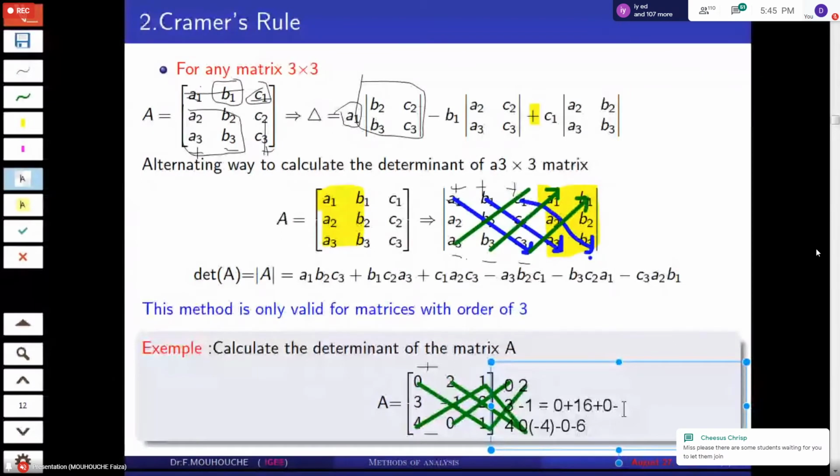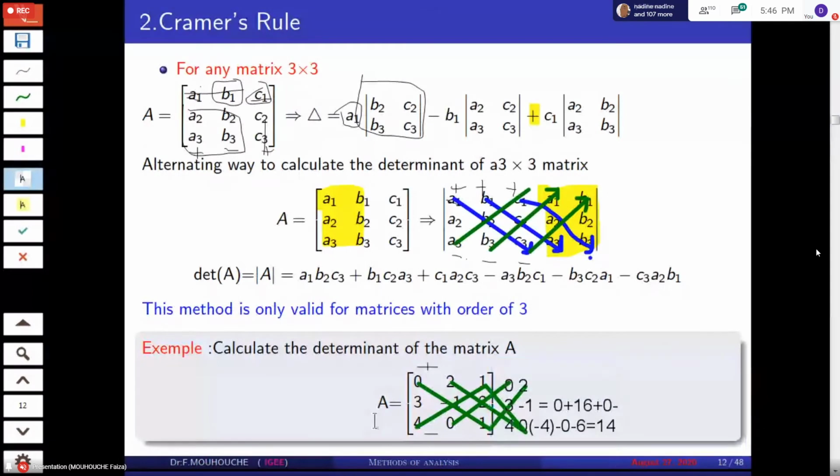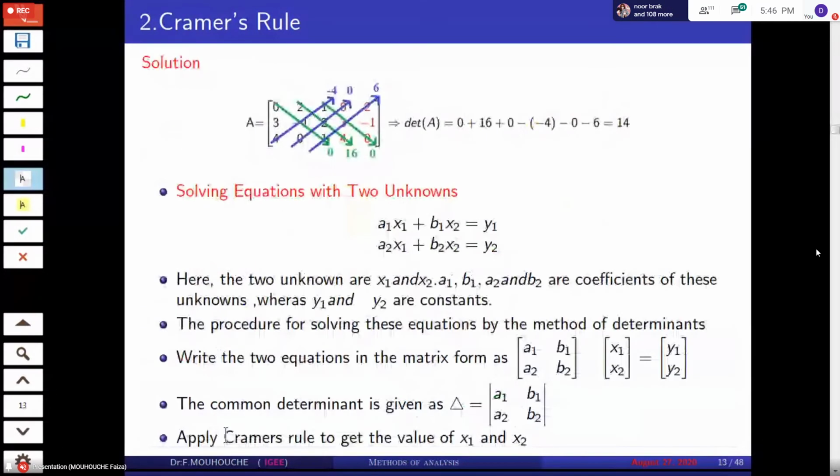So 16 plus 4 is 20, minus 6, which gives the result. This is how to determine the determinant.